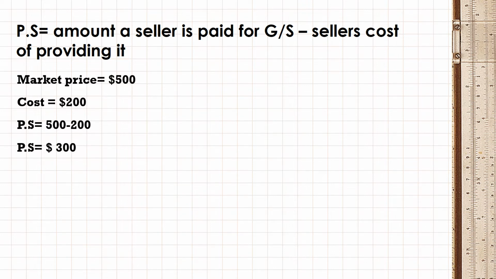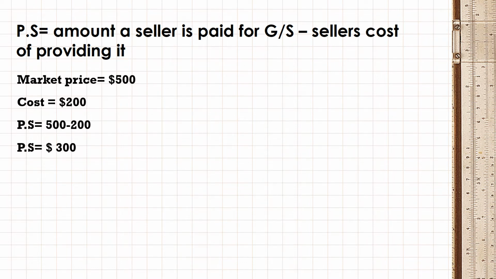In this $200, which is your cost, you have included the opportunity cost as well, and also some ratio of profit. So you analyze and you get to know that the market price of the same service or same good is $500. So 500 minus 200, you receive a producer surplus of $300.